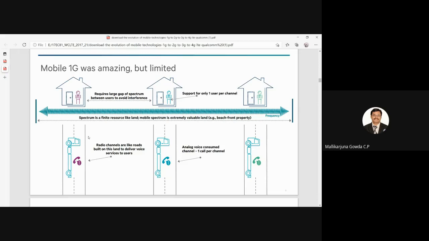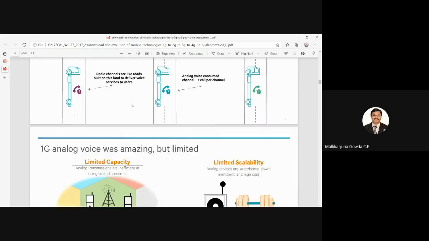I hope with respect to this diagram you'll be able to understand. Channel means it is like a road, used to provide the voice services. One road can be used for only one person. How many roads can we use from one house to another house? That is the limitation of this 1G.